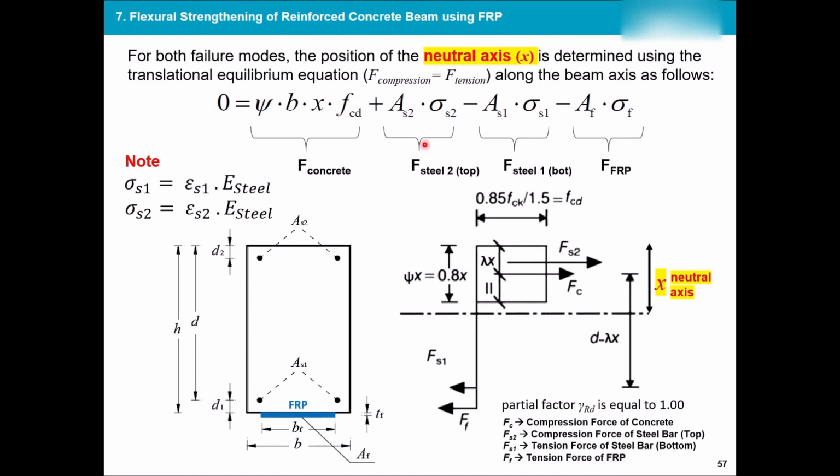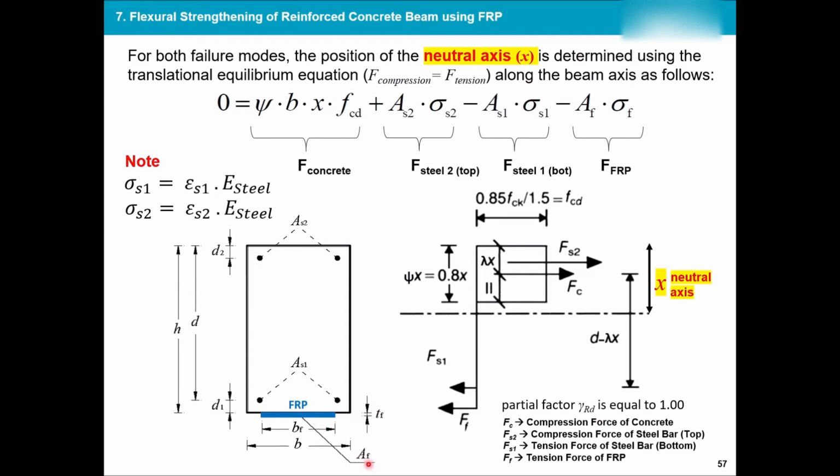The same thing happens with the steel as well. I have the strength or the stress of my steel. I multiply it by the area of that steel. The same thing happens with steel 1, which is at the bottom and is carrying the tension. I have its stress and I multiply it by the area of that. The same thing happens with the FRP as well.